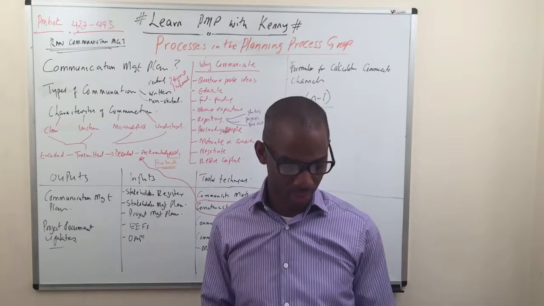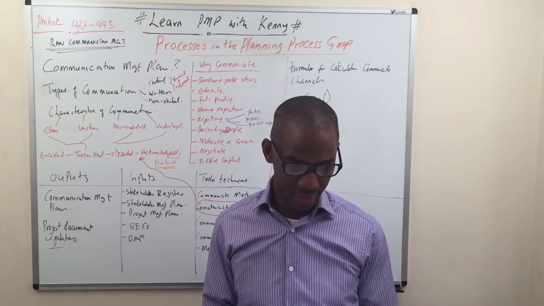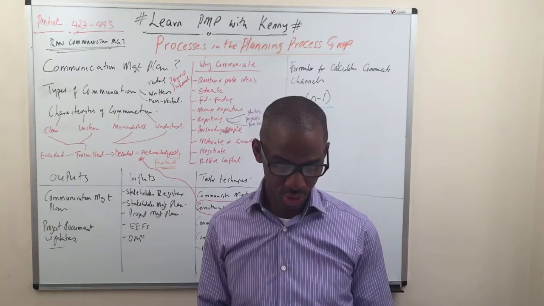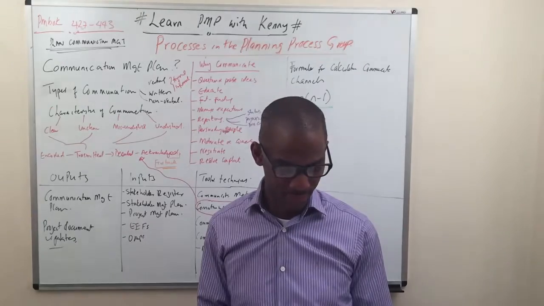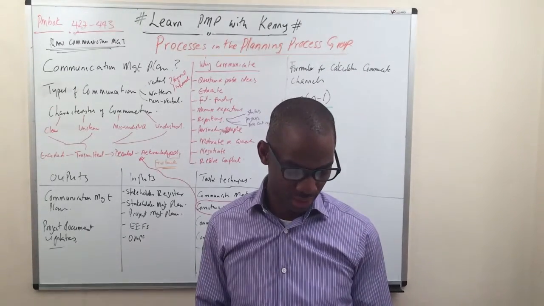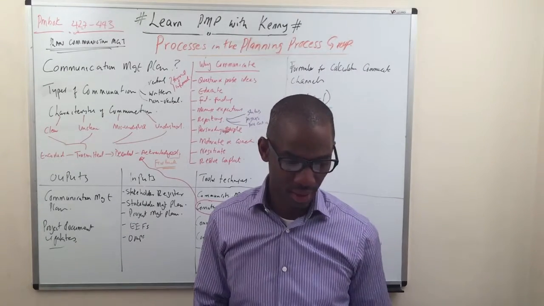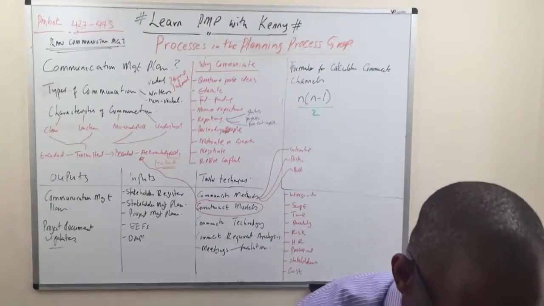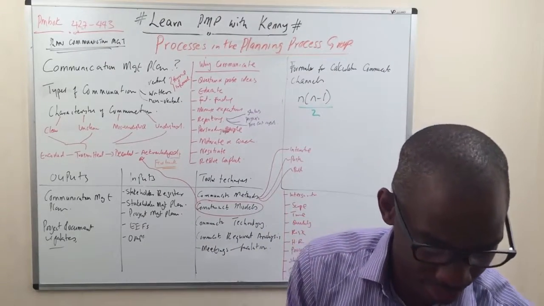The key benefit of this process is that it defines and documents the approach to communicate most effectively and efficiently with stakeholders. And that is what plan communication management is.